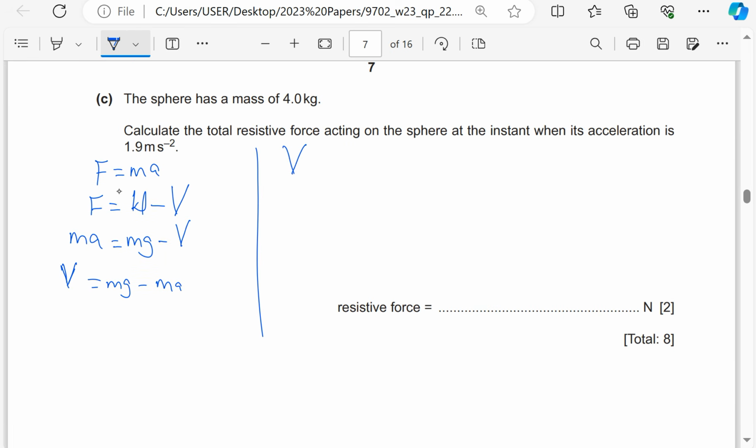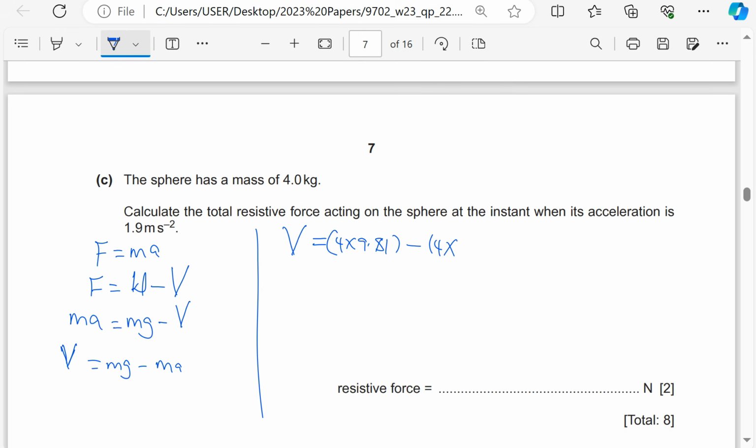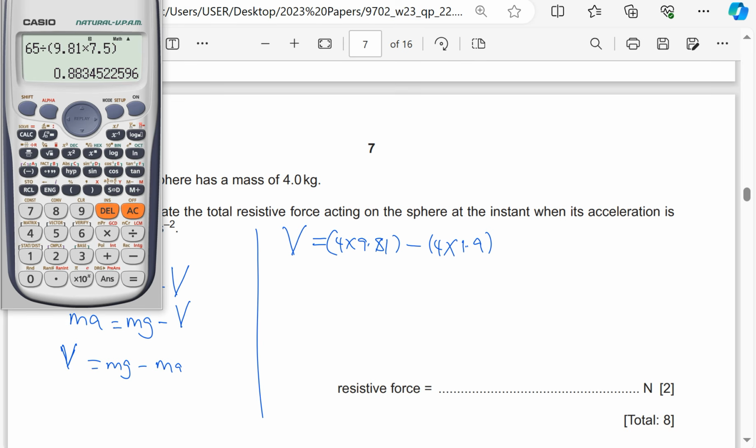The viscous drag, which is the resistive force, is equal to mg, where m is 4 times g, which is 9.81, minus ma, where m is 4 times the acceleration at that instant, 1.9. So 4 times 9.81, then minus 4 times 1.9.